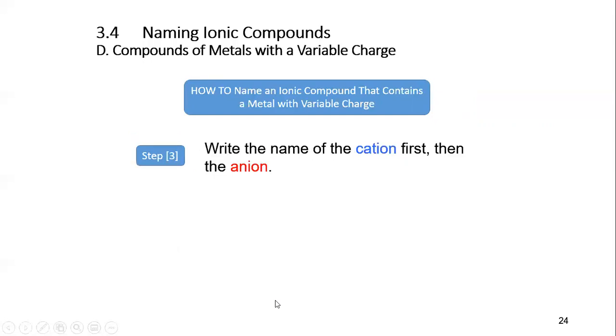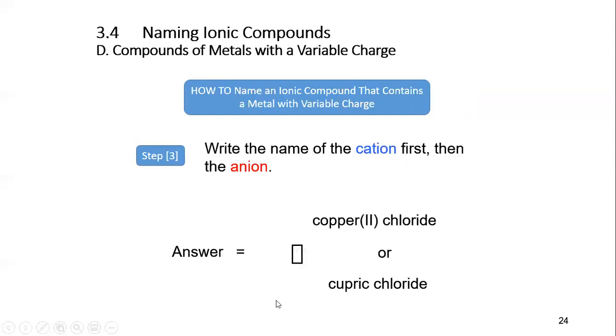So the name of this compound is either copper 2 chloride or cupric chloride. Both are acceptable answers. Copper 2, the 2 indicates +2 charge on the copper. Cupric, the IC represents the higher charge of copper, which is the +2.